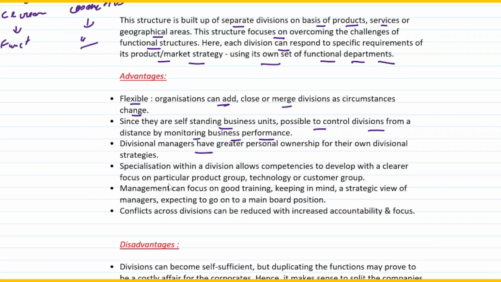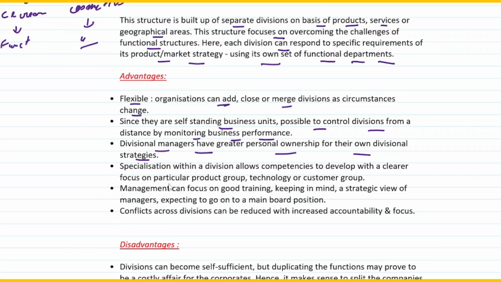Division managers have greater personal ownership for their own divisional strategies. So division managers have a sense of ownership. They can concentrate more on their particular division or functions, and that will help them to perform better, and it can also be beneficial for the organization.